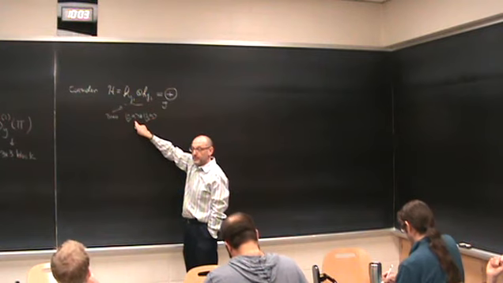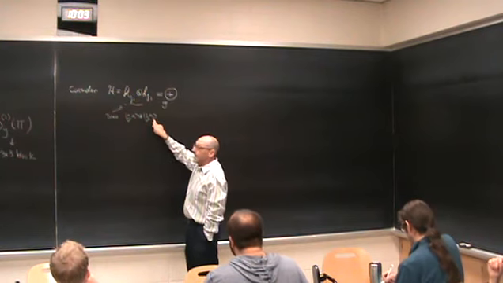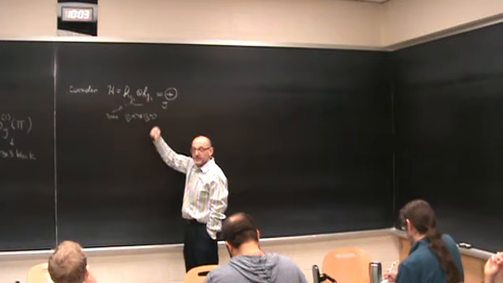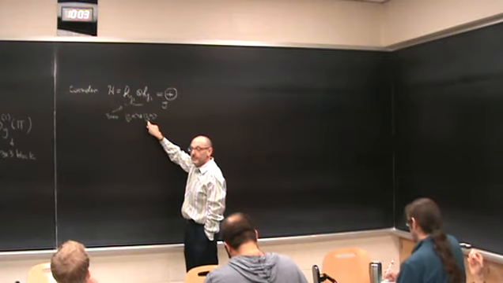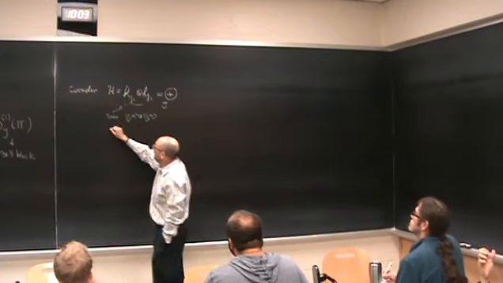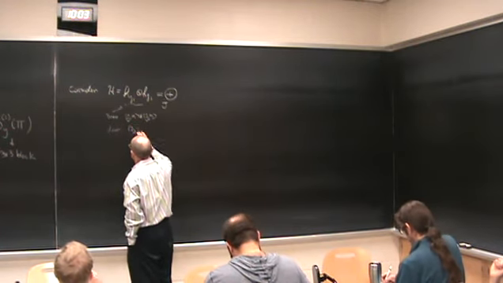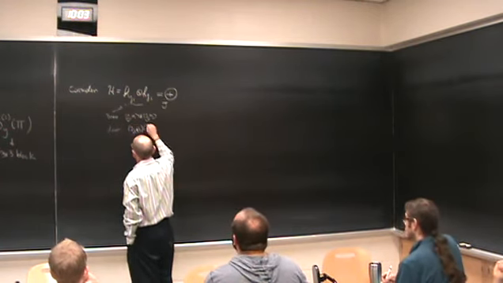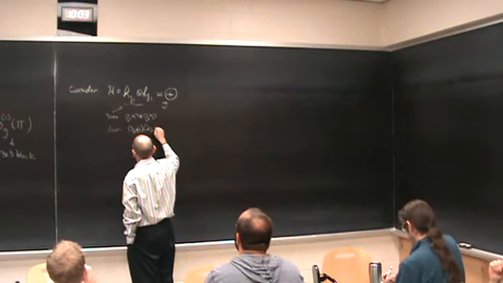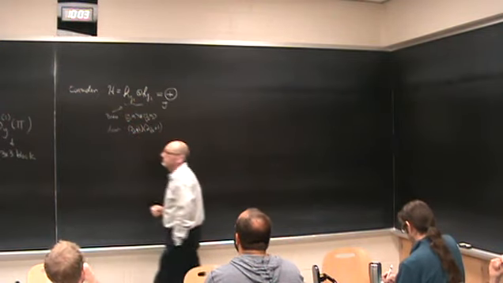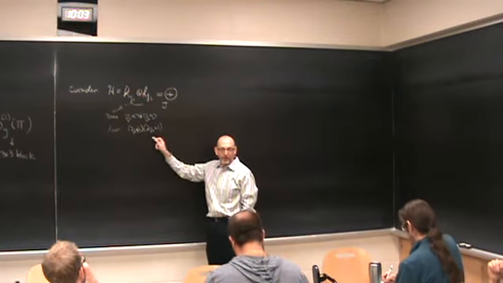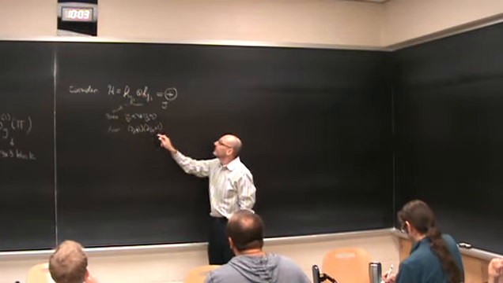It's a 2J1 plus 1 dimensional Hilbert space. M2 goes from minus J2 to plus J2. It's a 2J2 plus 1 dimensional Hilbert space. So the dimension here is 2J1 plus 1 times 2J2 plus 1. Here we have 4 by 4 because this was 2 times 2.